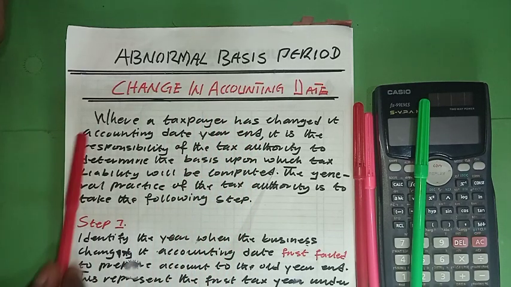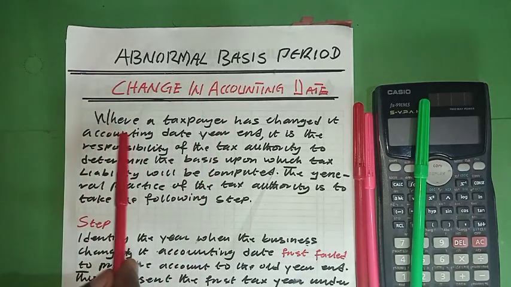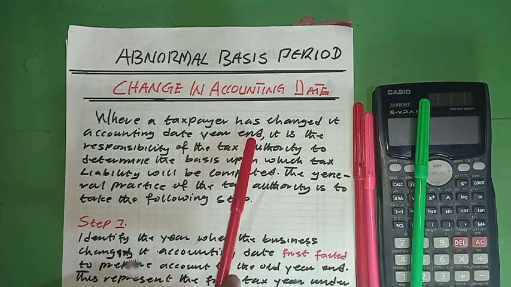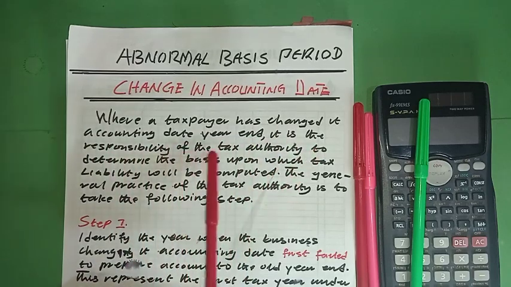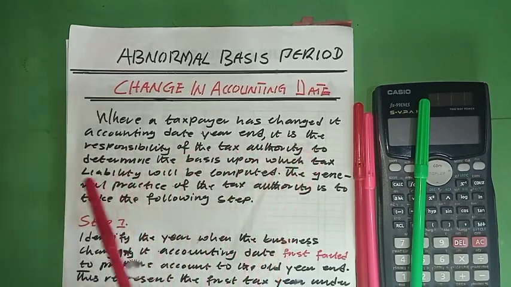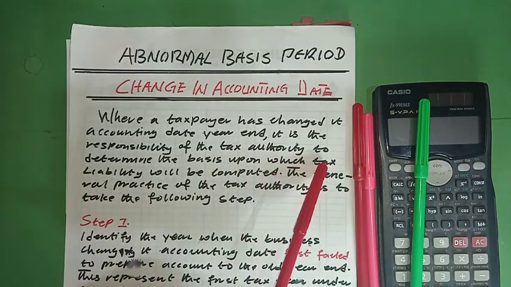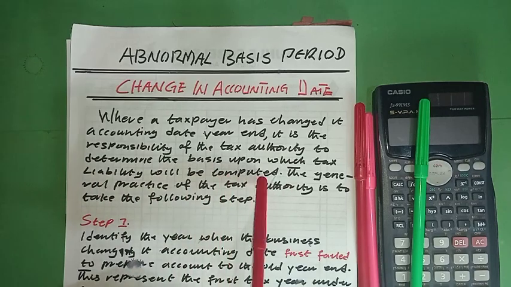Now, change in accounting date. Where a taxpayer has changed its accounting date year end, it is the responsibility of the tax authority to determine the basis upon which tax liability will be computed.